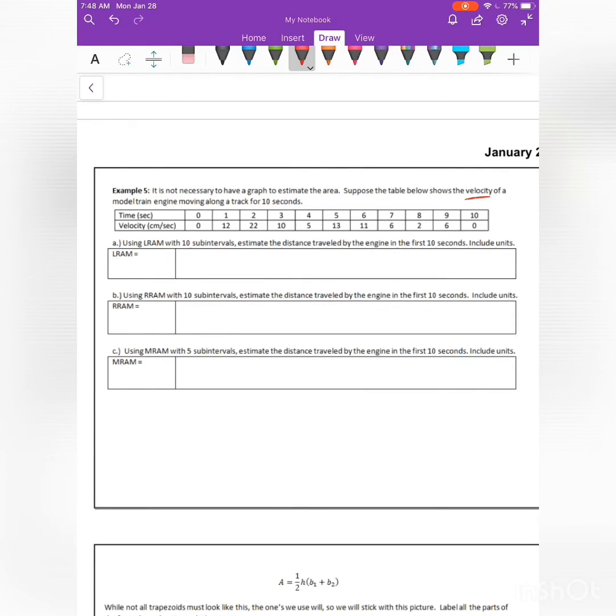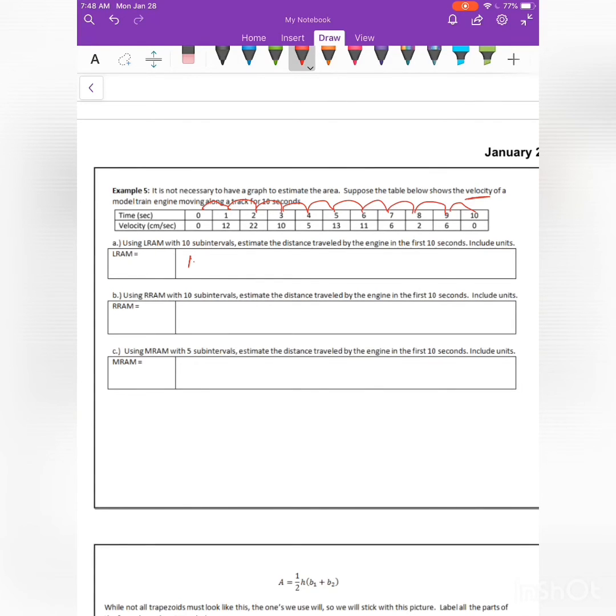So the thing I always do with tables, and especially with 10 subintervals here, it's kind of annoying, but that's the first rectangle, goes from 0 to 1, and then 2, 3, 4, 5, 6, 7, 8, 9, 10. Those are all your rectangles kind of illustrated a little bit. So if you look at each one of these, its width, like the x values, in this case time, is 1. So you can do 1 times.